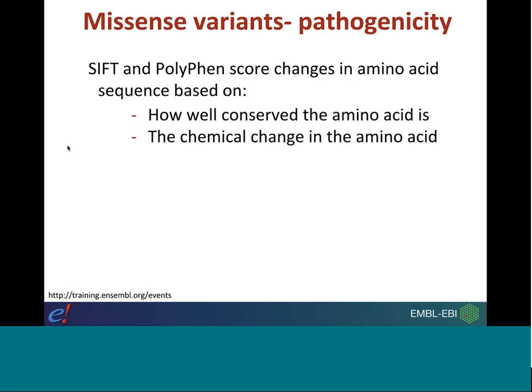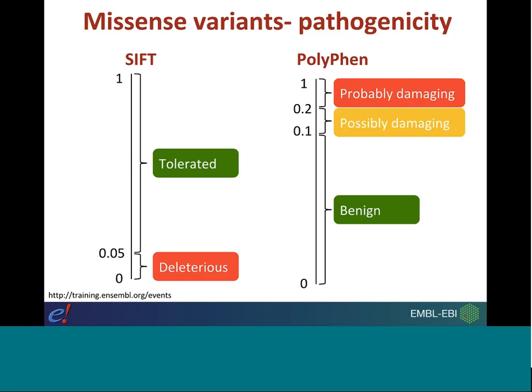They look at the chemical change of the amino acid from the reference to the alternate, and see how different the amino acid is, so whether you're changing charges or losing hydrophobic groups or something like that. And they also look at how well conserved the amino acid is, so whether it's at an active site, whether it forms important bonds within the protein or into other proteins as well. So these two algorithms independently both take similar information, and they predict how pathogenic a missense variant is going to be on the protein structure and function.